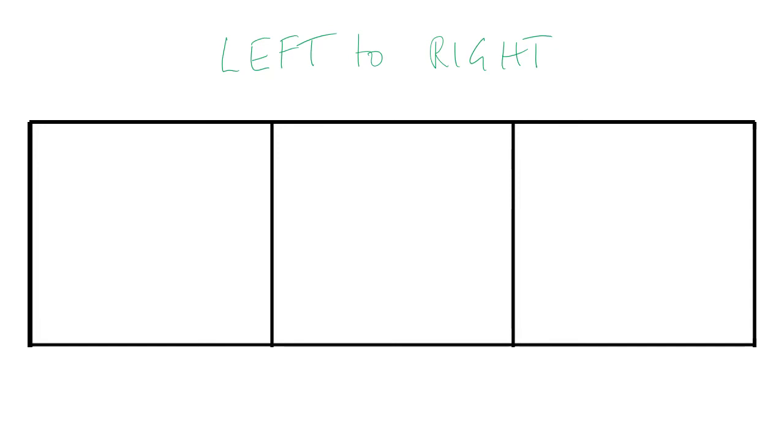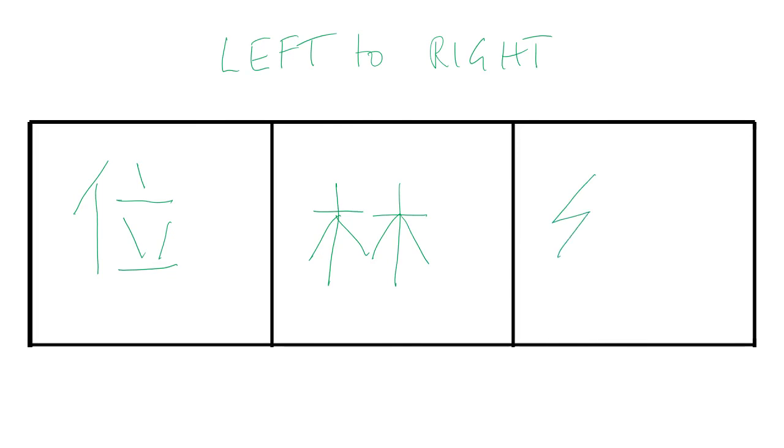So, for instance, here we go. We're going to write this character first, which is the human radical, and altogether this means position. Or, for instance, these two. This means a forest, 2 trees. Or, here we go. This is one of the characters for red.